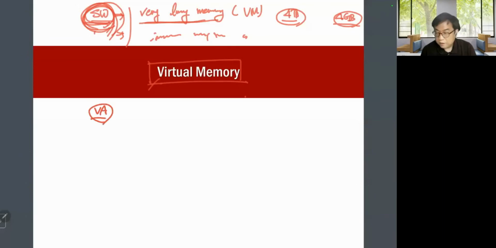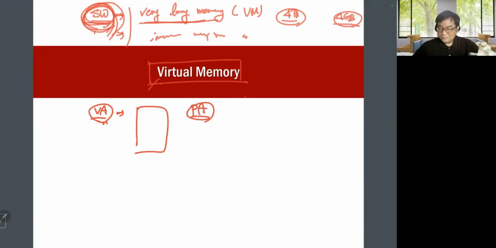So which means that addresses handled by software are virtual addresses. They are addresses for a very large, fake virtual memory, but software runs on the real hardware.